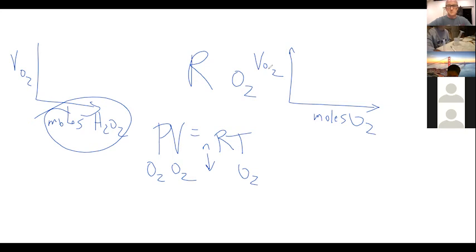Am I just going to have to guess what the molar relationship is? What do I refer to find out what the molar relationship is between a reactant, which is my H2O2, and my product, which is O2? What do I need to tell me what the relationship is between those two things?